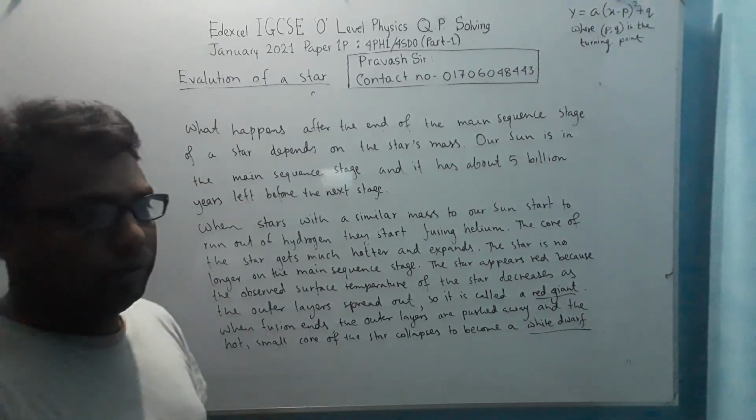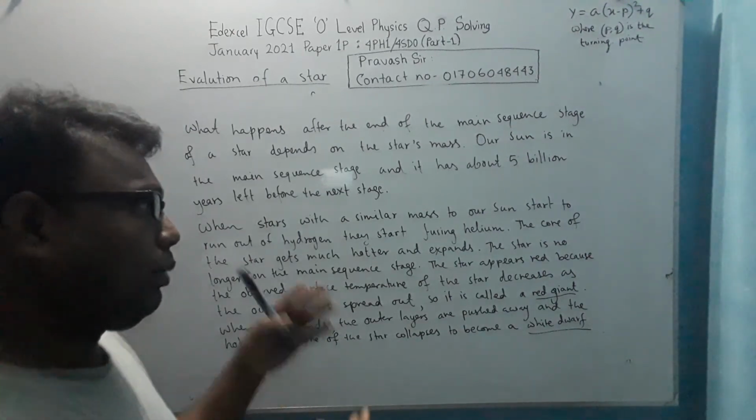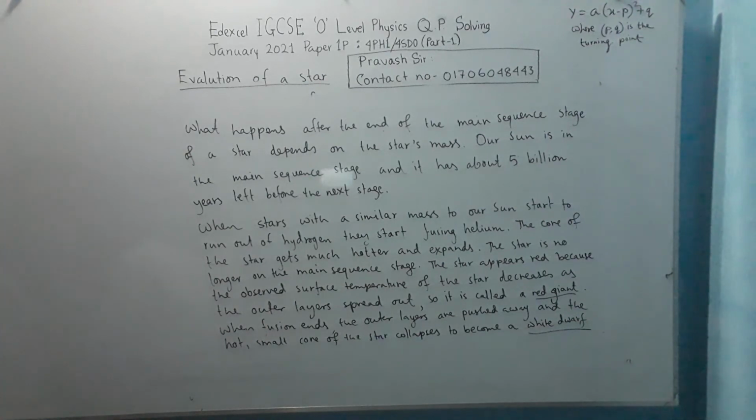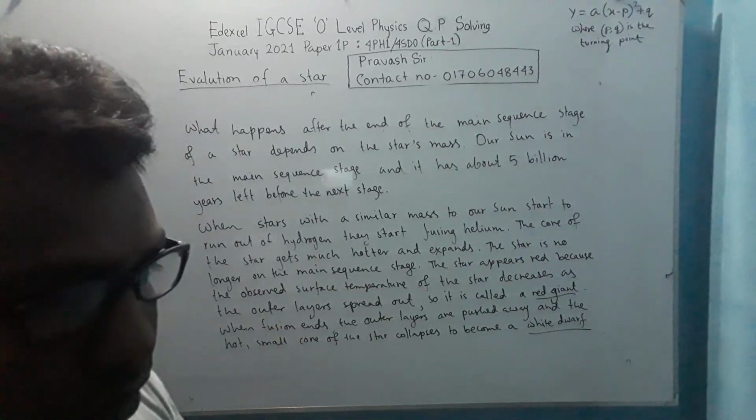You can imagine the stages of the lifetime of a star very easily, as it happens with the fusion of hydrogen and next the fusion of helium.